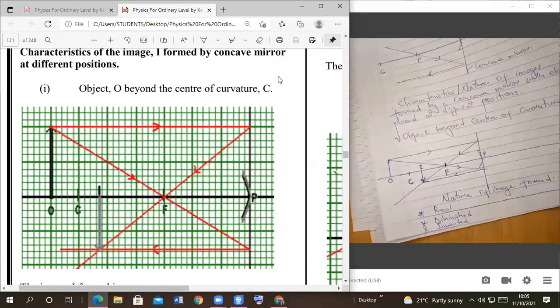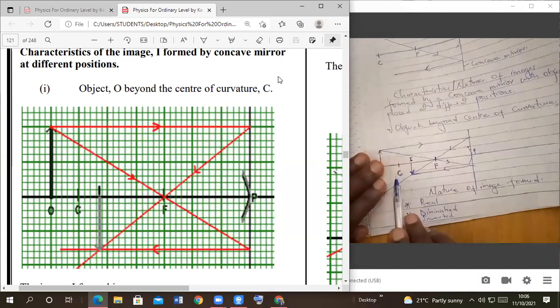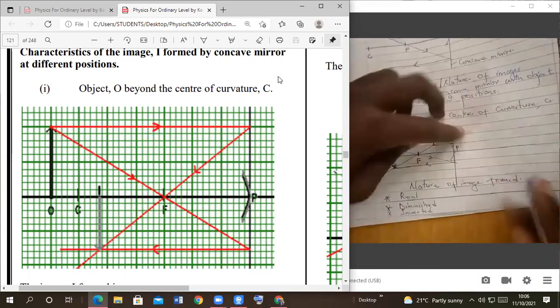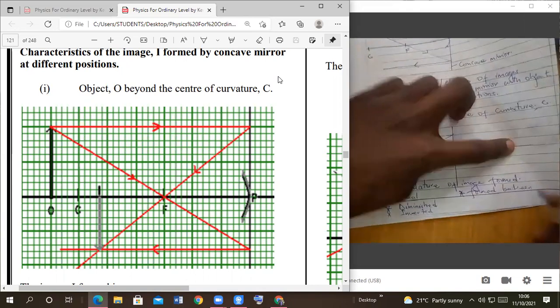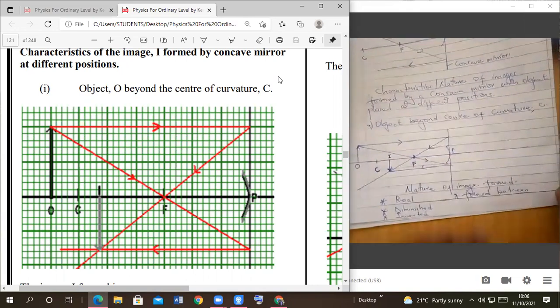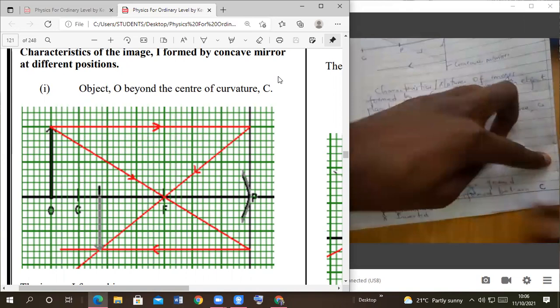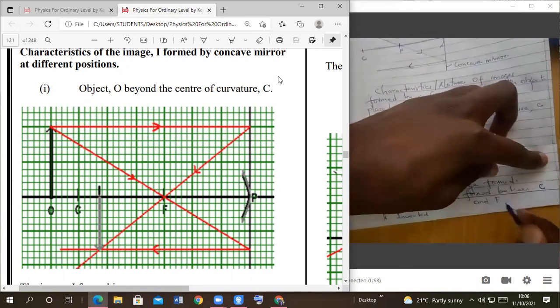The image is formed between C and what? F. Between C, the center of curvature, and the principal focus.